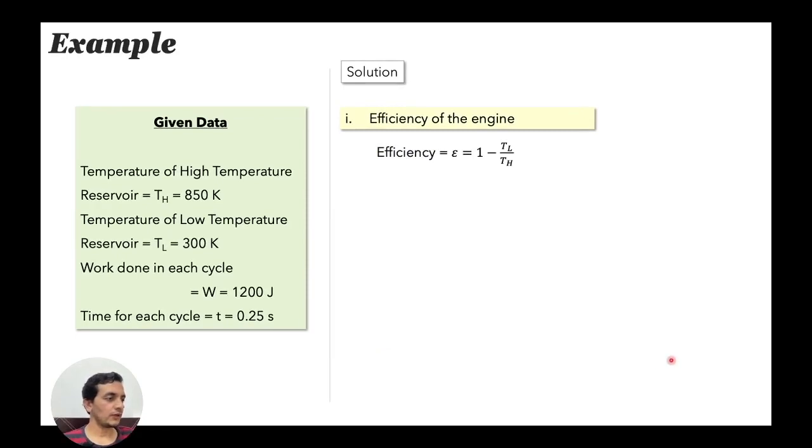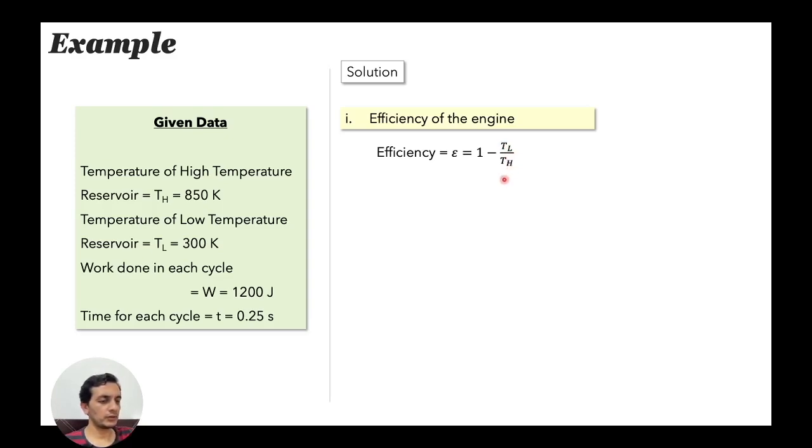Number 1, a very simple formula to find the efficiency of the engine. Epsilon is used to represent efficiency, and it is equal to 1 minus TL over TH. Sometimes you will also see modulus or vertical bars on each side. Efficiency epsilon is equal to 1 minus TL over TH.